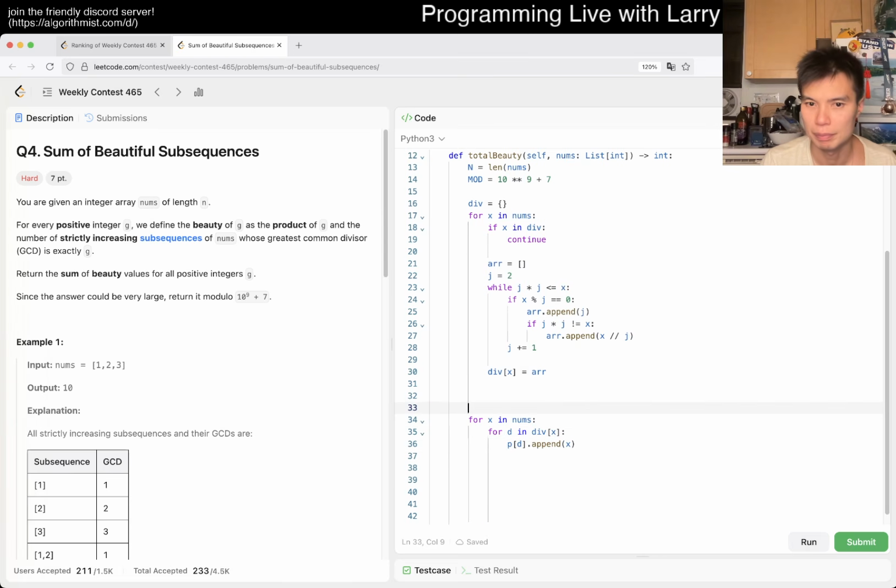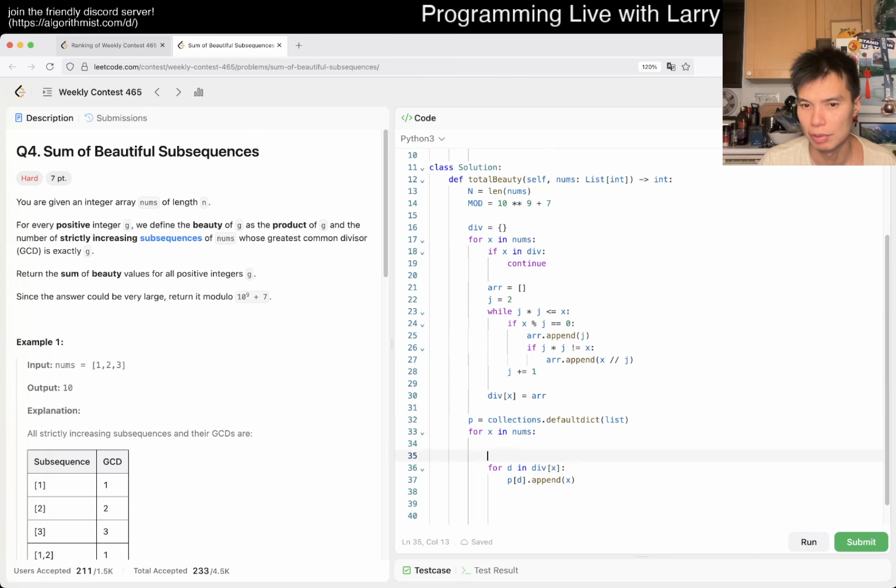Maybe something like that. Okay. Well, that's for processing, so I guess we have to do a little bit before, which is for D and X we want to get count of.